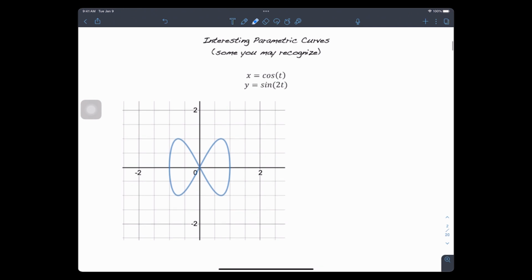Now, like I said here, this is kind of a summary. It's not doing a deep dive at this point. So you might say, here are some interesting parametric curves. And you may say, what are you talking about?